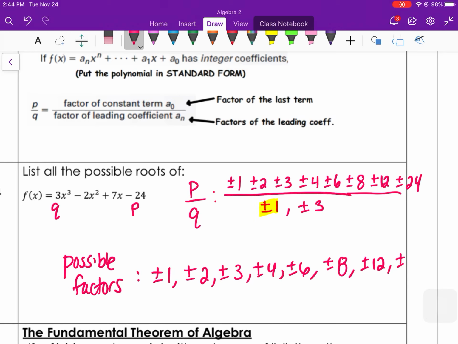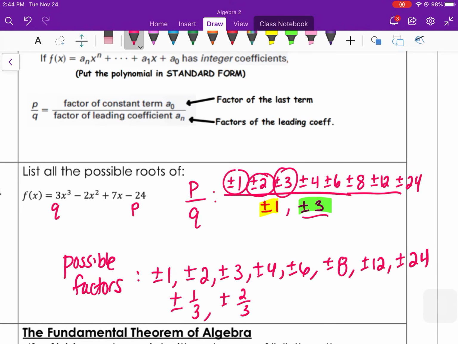That's all the P's divided by 1. And then divide the P's by 3. So 1 divided by 3 gives me 1/3 as a possible root. 2/3 is a possible root.